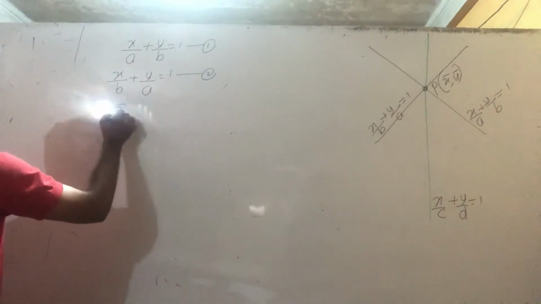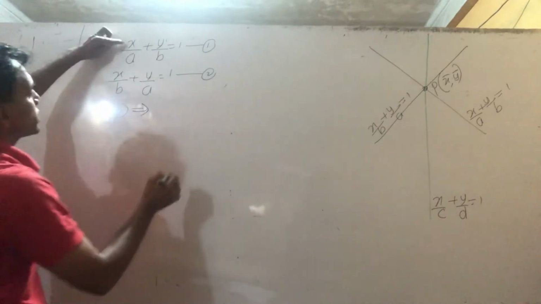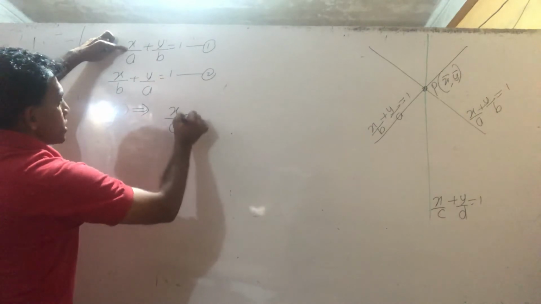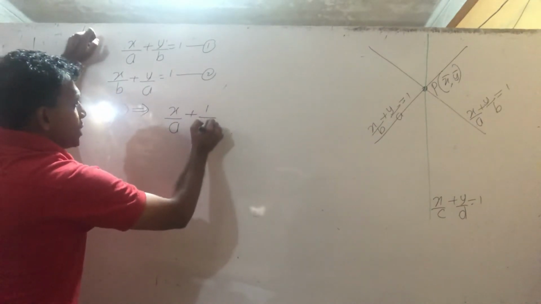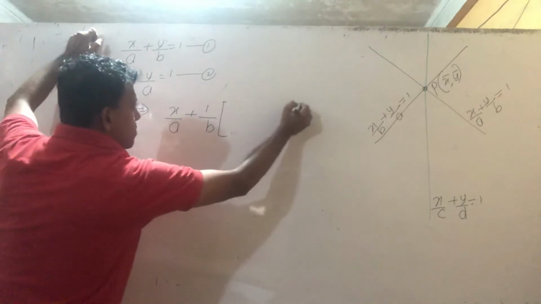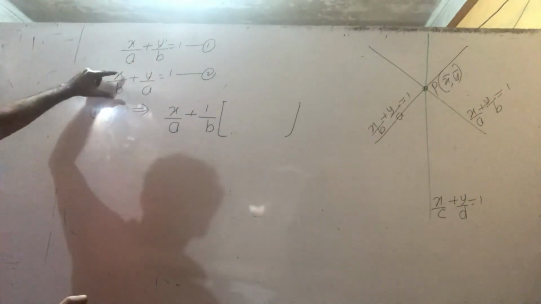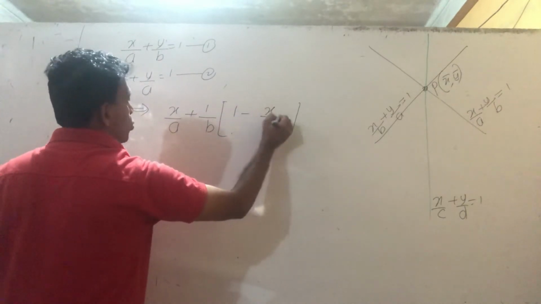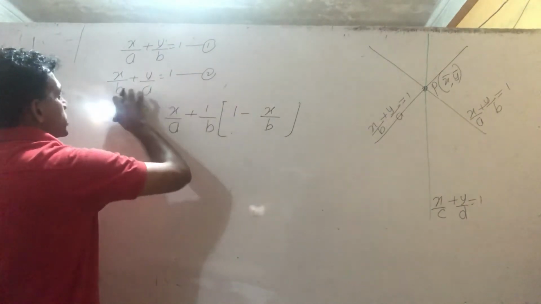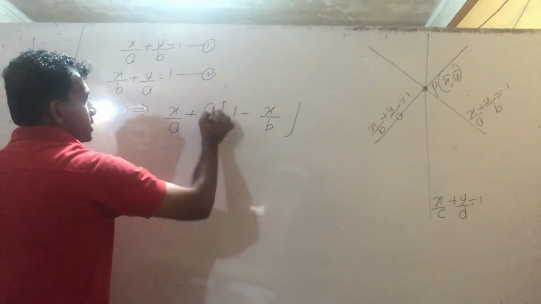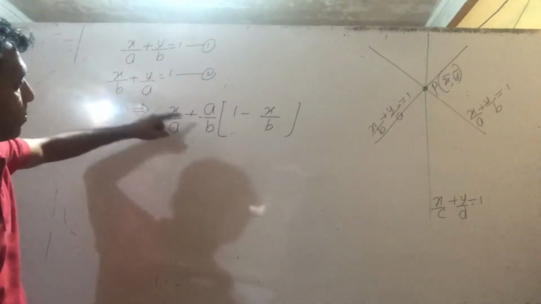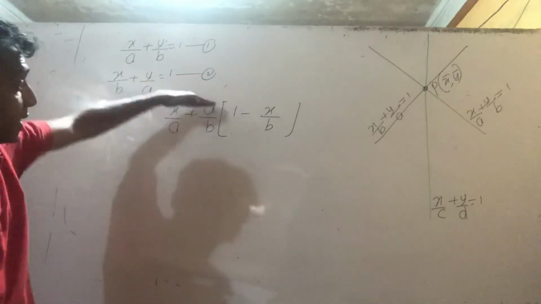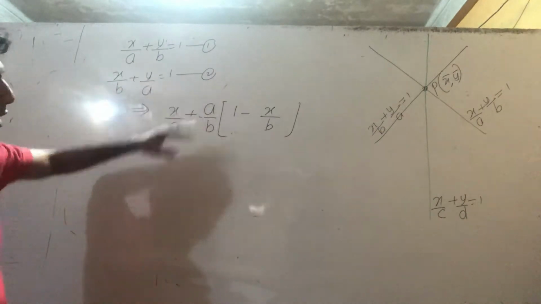If I take 1, 2, here x over a plus 1 over b into y. What is y? y is 1 minus x over b into a, right?